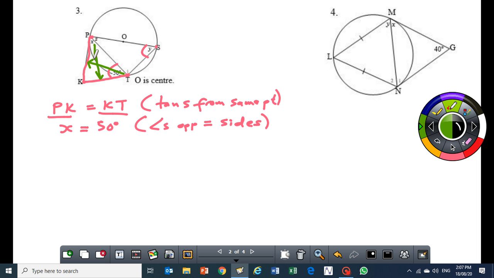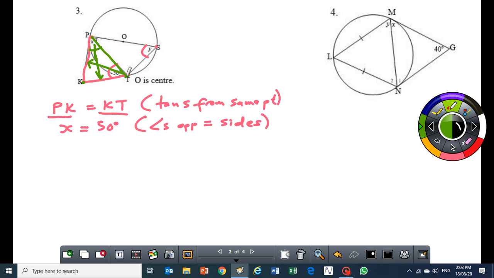Alright, let's get on. So we have got X now. After getting X, I can now find Y. There are two ways of getting it. Because we have got PK, a tangent, and we have PT, this chord, PK and PT form this angle.